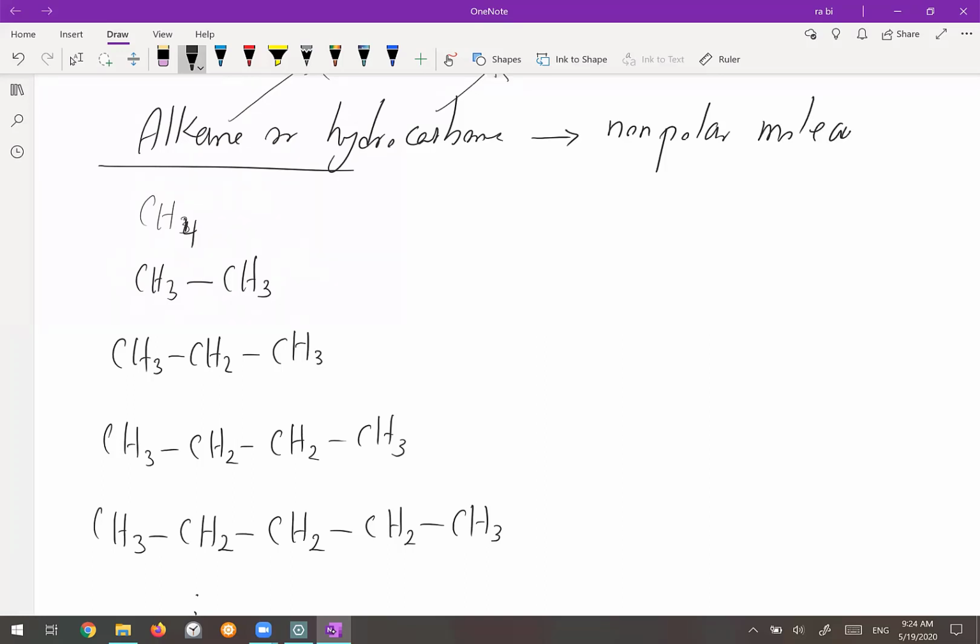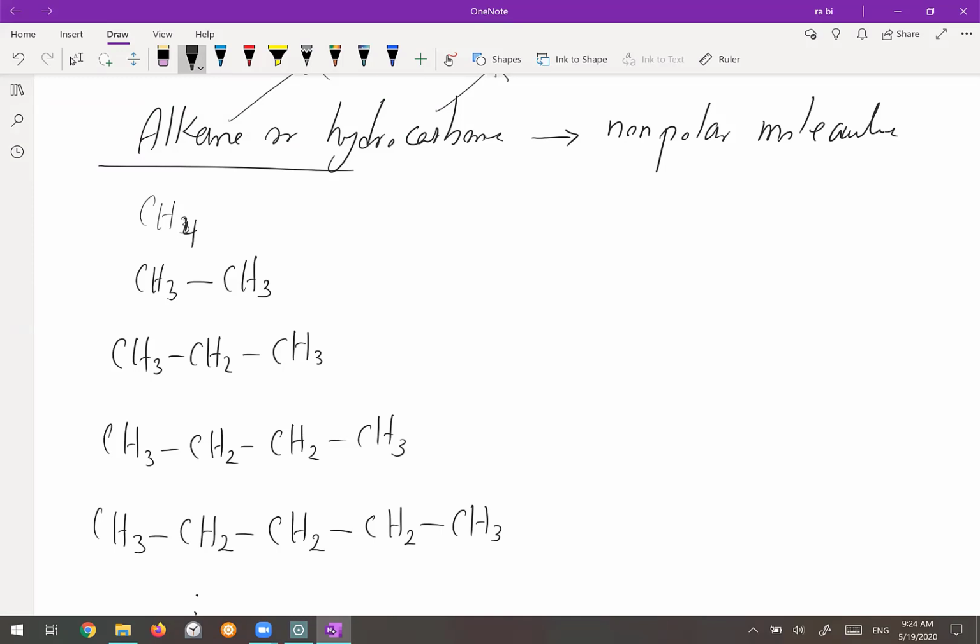So if they are non-polar, what is the force of attraction between their molecules? Who remembers the intermolecular forces, the forces that we have between the molecules? In a molecule which is non-polar, the only force is the London dispersion forces.